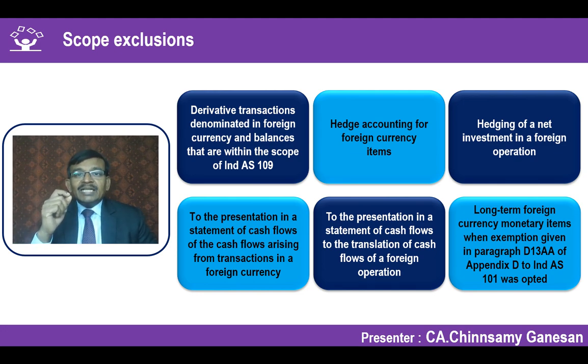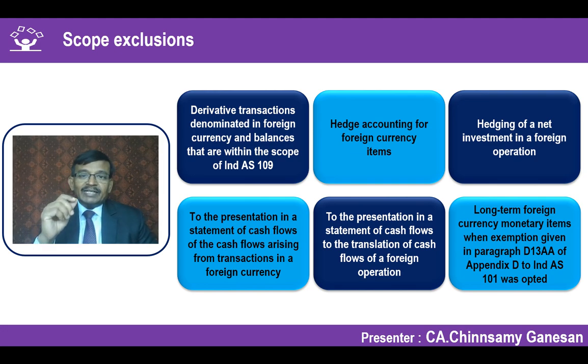What has happened to that particular exemption under Ind AS 21? When Ind AS 21 has been prepared in accordance with IAS 21, the provisions given in IAS 21 as well as Ind AS 21 say that all the foreign currency differences, unless exempted or to be accounted in OCI or the equity, those items have to be charged to the profit and loss account.